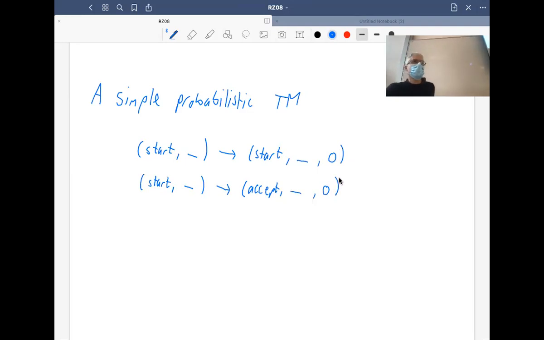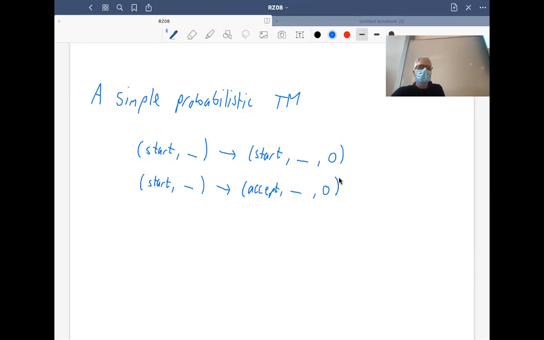It looks just like a non-deterministic Turing machine. In state start, it's got two things it can do. It can either stay in state start, in which case it again has two things it can do. And if it stays in state start a third time, then again, it's got two things it can do, and it'll keep on ticking along in state start until the other non-deterministic choice is to go into state accept. And if it goes into state accept, it halts.